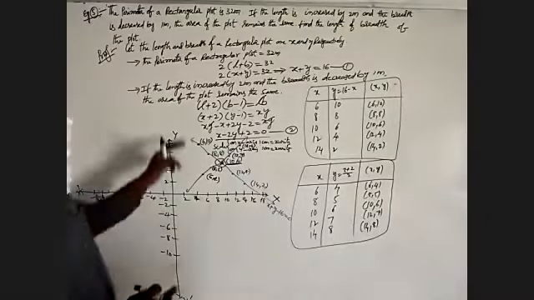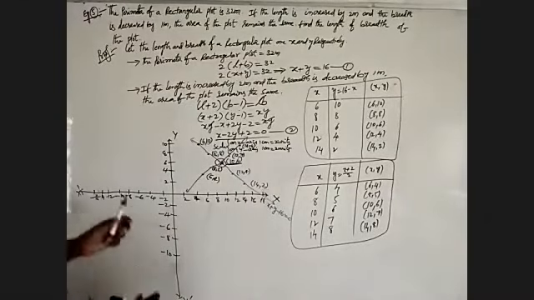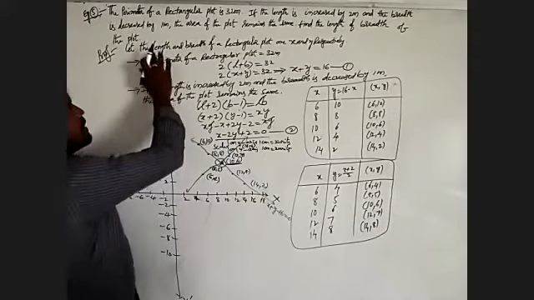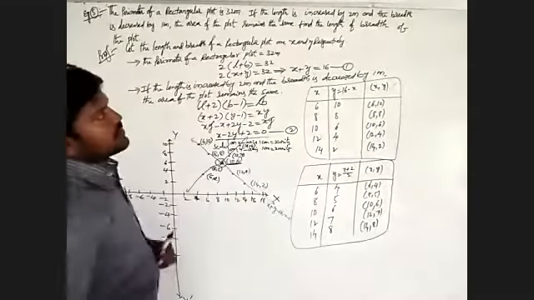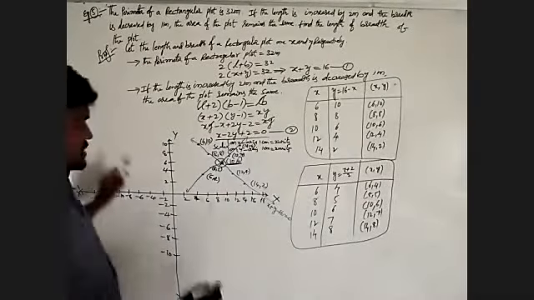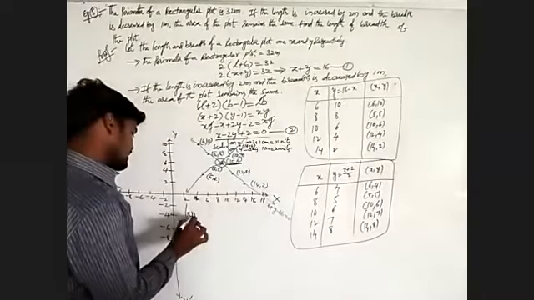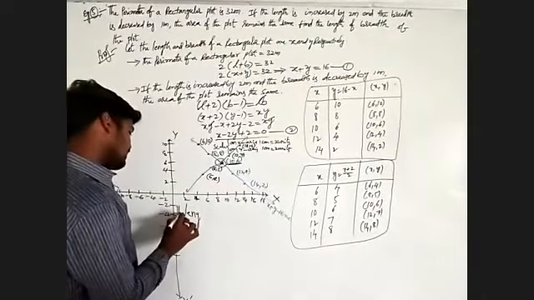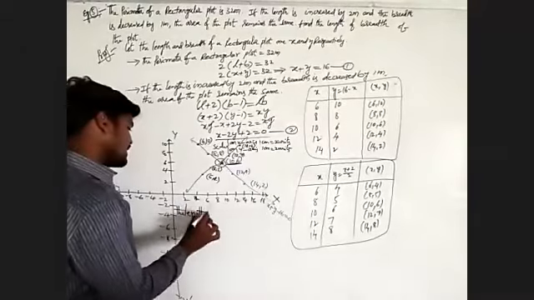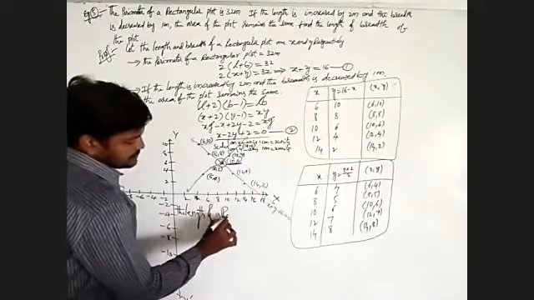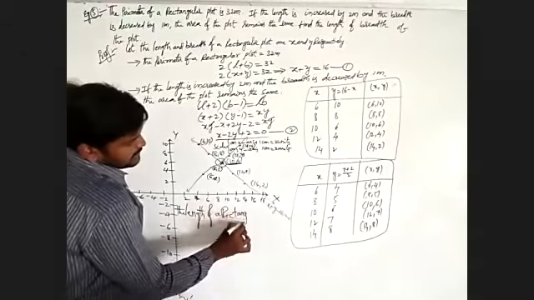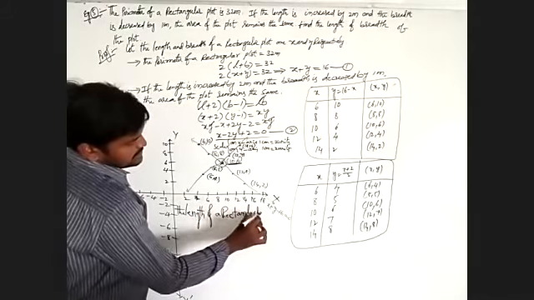In this problem, we have to find the length and breadth of a rectangle. Consider that the length and breadth of a rectangular plot are x and y respectively. First, the length of the rectangle: L is equal to x meters.